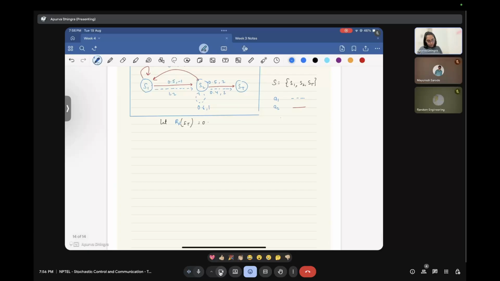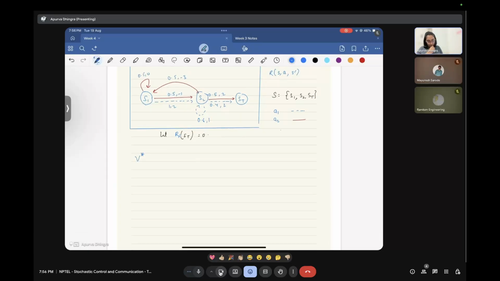Alright, so now let's try for VS1. We are supposed to repeat the same thing. So we're taking a max over the actions. Actions are A1 and A2. And we're doing the following.